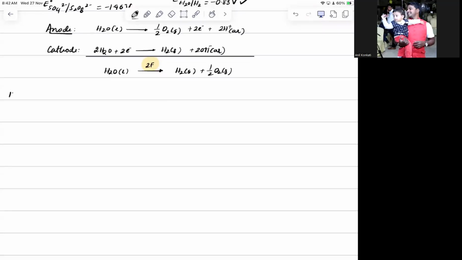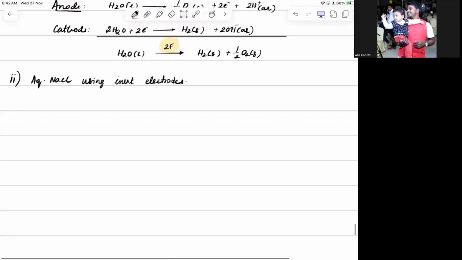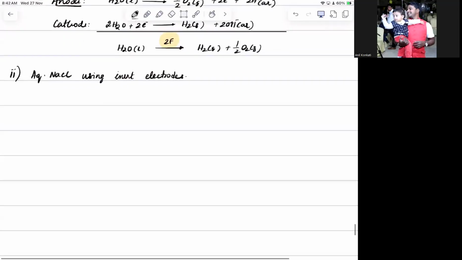Second case we need to understand is about electrolysis of aqueous NaCl, using inert electrodes. Inert electrodes could be either graphite or platinum. Usually it is always taken as platinum.